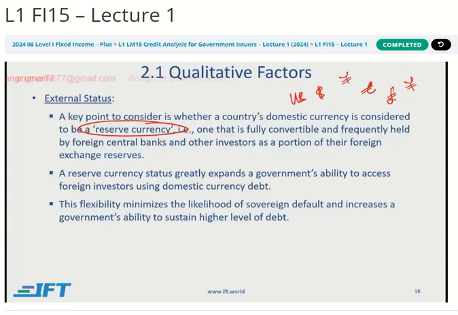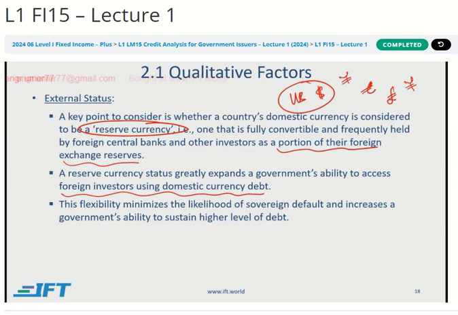So if other people would like to save in your currency, that's good because other countries start putting a portion of their money in your money. That increases the demand for your currency and maybe also increases the demand for your debt. And that has been happening for the US.